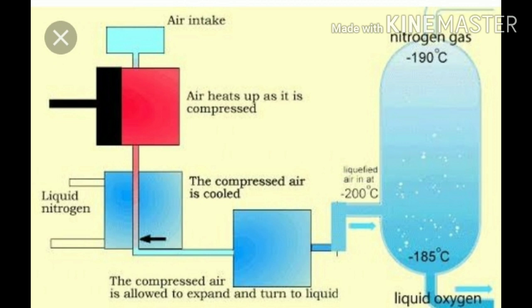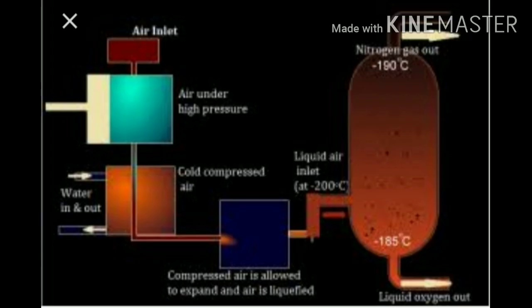On increasing the pressure and decreasing the temperature, it liquefies, as you already learned in previous classes, and forms liquid air. Now liquid air is then slowly warmed in a fractional distillation column.